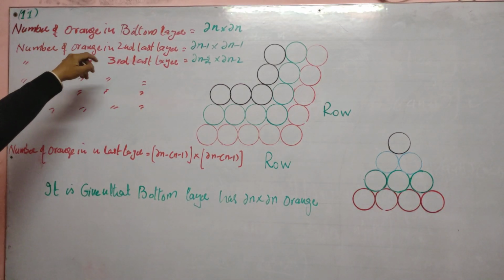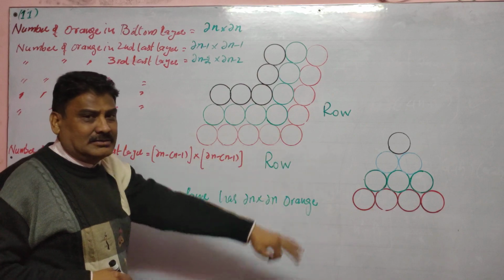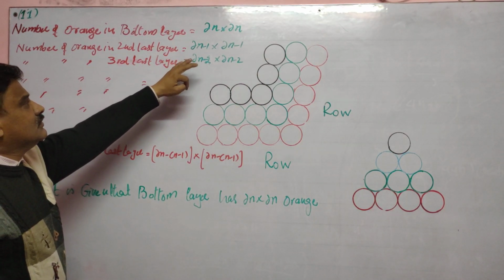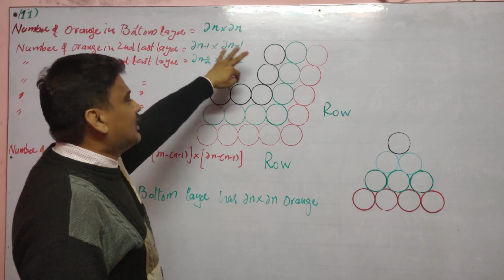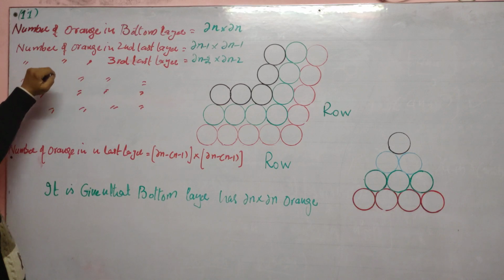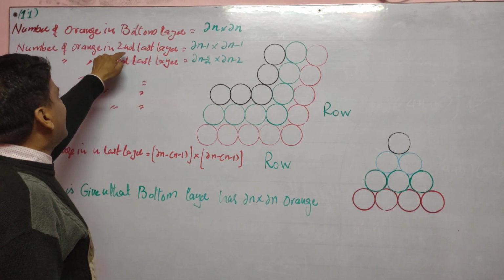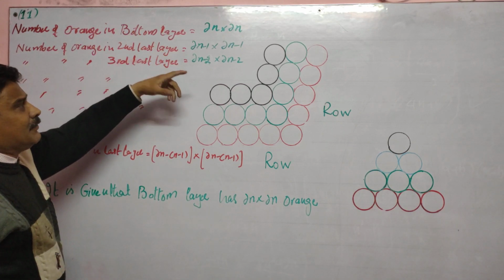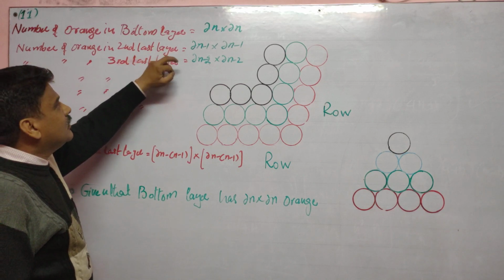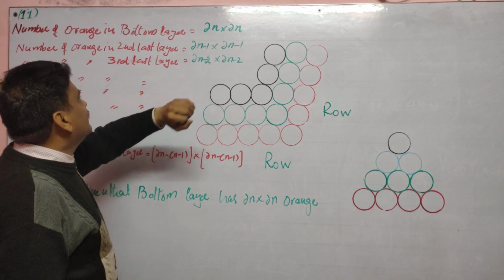The number of oranges in the bottom layer is 2n multiply 2n, and in the second last layer 2n minus 1 multiply 2n minus 1. You have seen that in the second last layer, the number of oranges is 2n minus 1. For the second layer, we subtract 1.